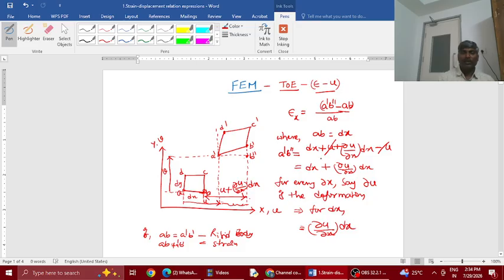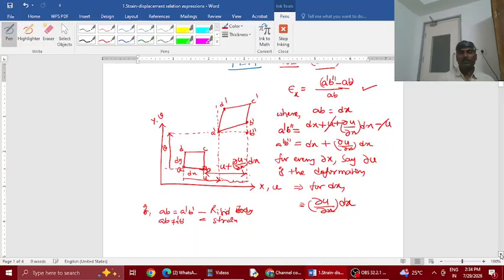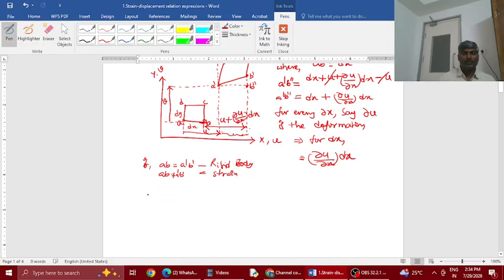Now you substitute this A dash B double dash value into this expression. So epsilon x is equal to A dash B double dash, final length, minus initial length, divided by initial length. So what is this value? It is dx plus dou u by dou x into dx, minus AB means dx, divided by AB means dx.